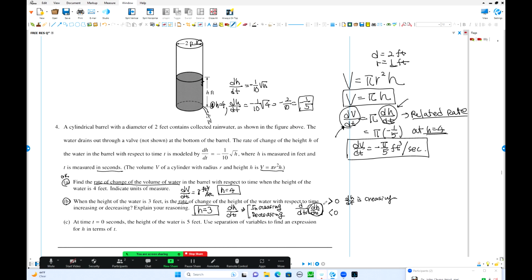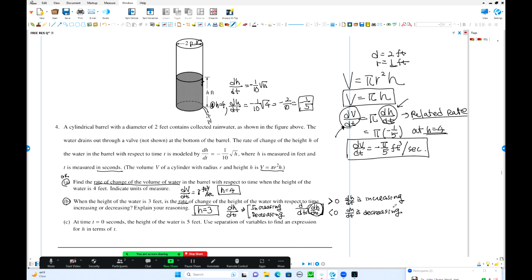Second derivative less than 0 means... oh no, I'm sorry. Positive is increasing. This is decreasing.